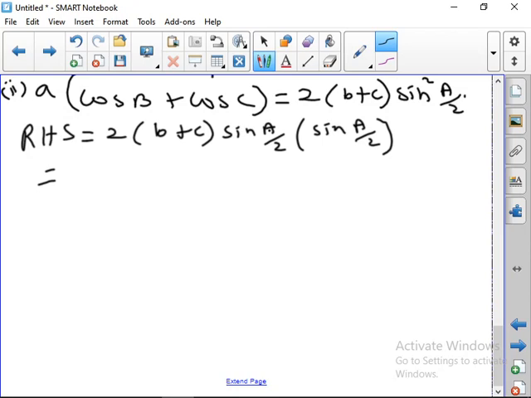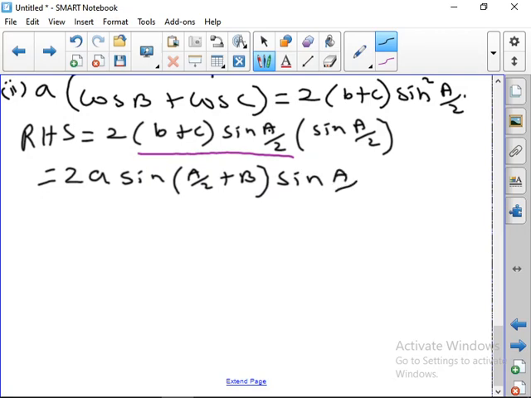So this can be written as, so only this is replaced from 1. Okay. So what do we get? 2 B plus C sin A by 2, what do we write? A sin A by 2 plus B into sin A by 2.